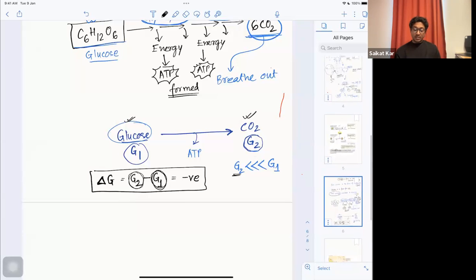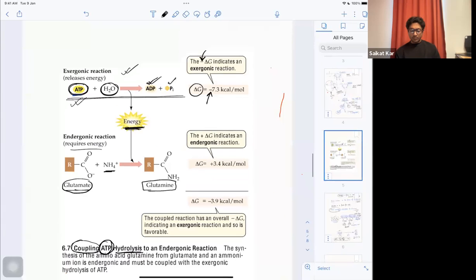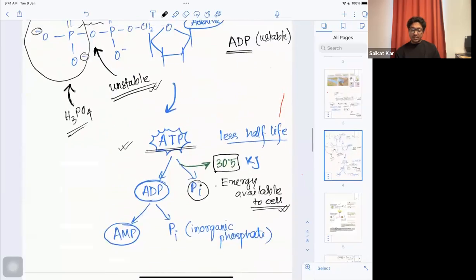This is what you have observed here. Del G is minus 7.3. Whenever you see this negative sign in del G, that means the energy associated with the product is less than the energy associated with the reactant, and it should happen, because this is what a natural process is.